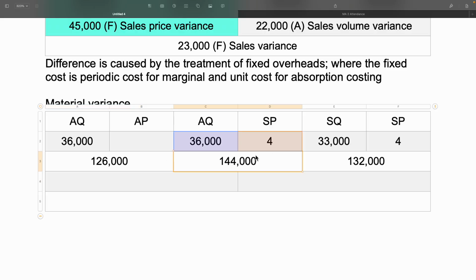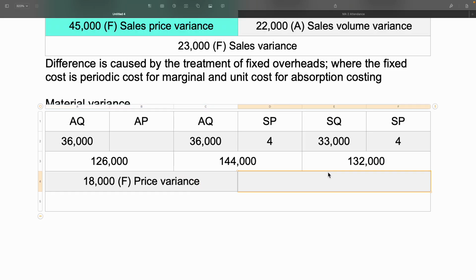Should have spent 144,000. So that's going to be 18,000 favorable. Actually spent less than what you're supposed to have spent, therefore it's favorable, and we call this price.